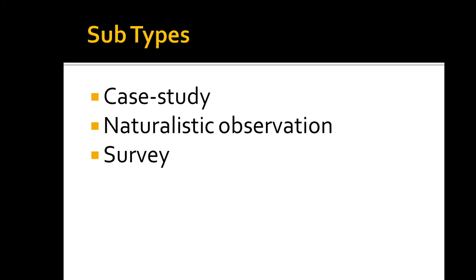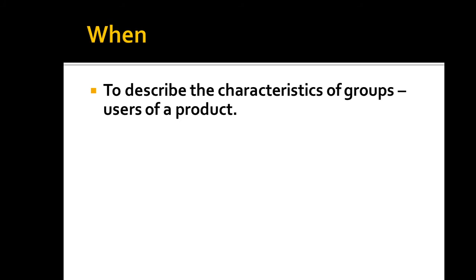Nevertheless, what is actually the purpose of these designs? These designs simply help us in describing the phenomena or the characteristics of the samples. Samples could include humans or products or services in a hospital. Now, when do we use it? Simply when you want to describe the characteristics of groups or the products or users of the products, which means patients or customers or consumers.